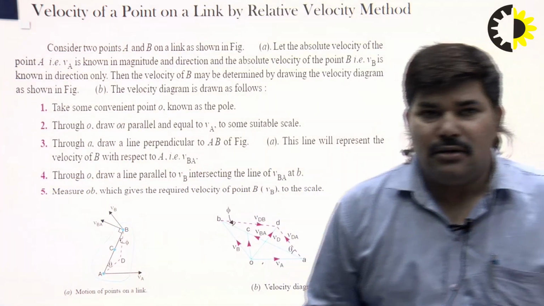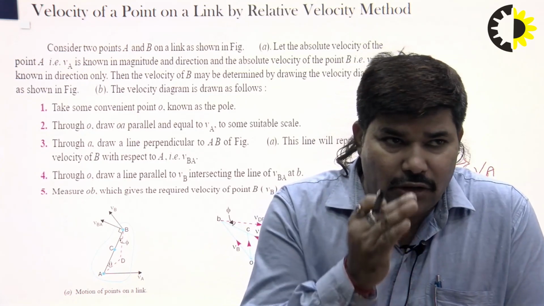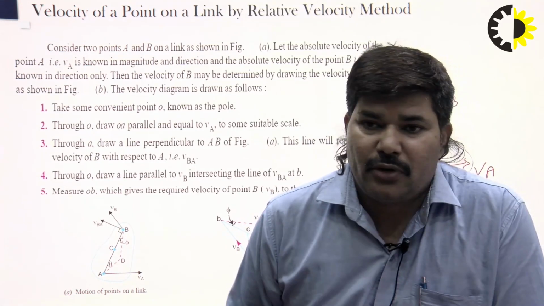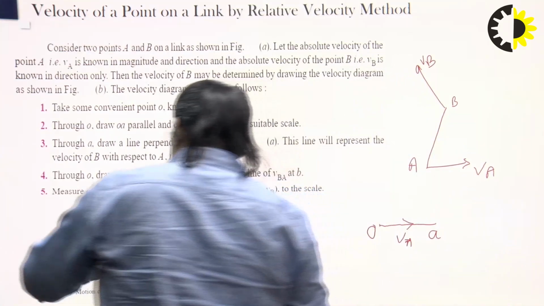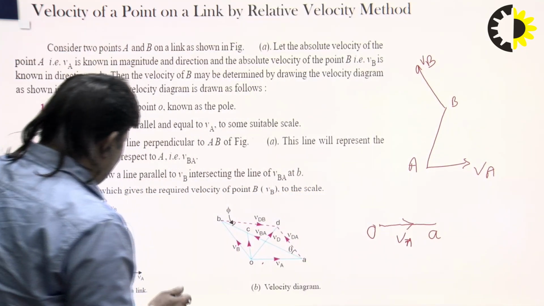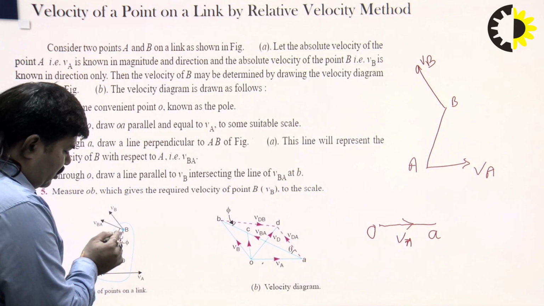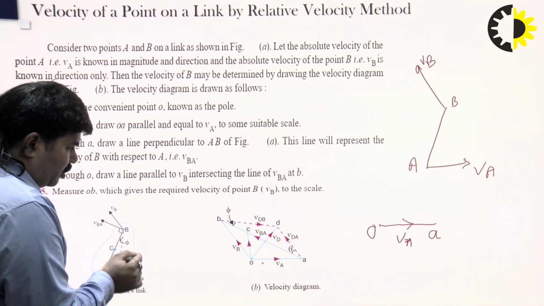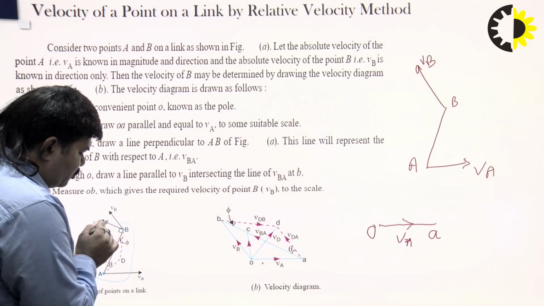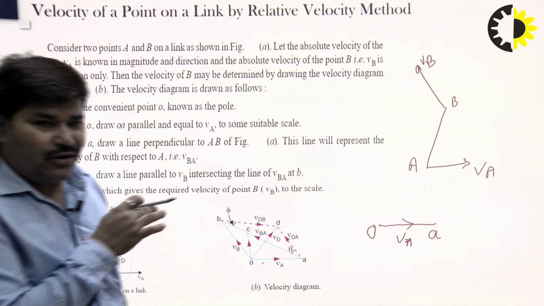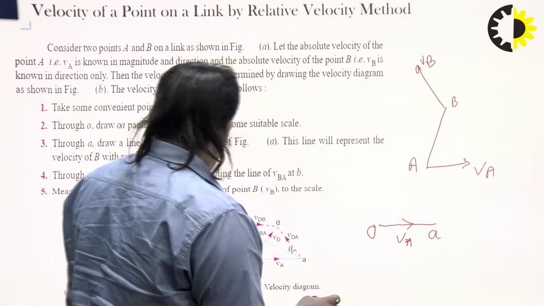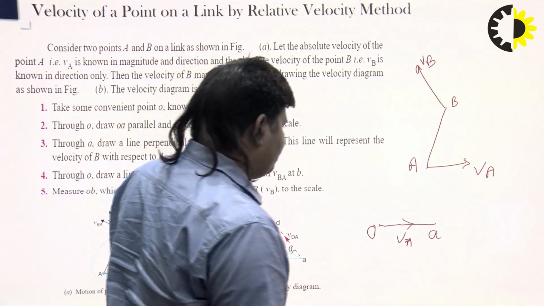From A, draw a line perpendicular to link AB. This is the link, and this line is perpendicular to it, so use a set square to draw this.